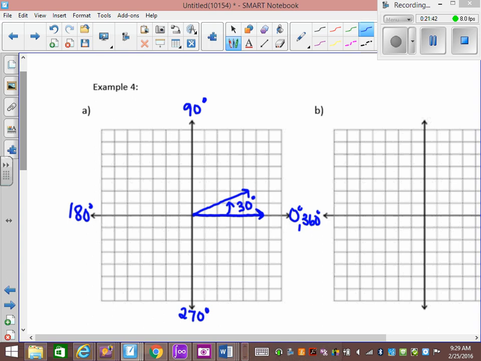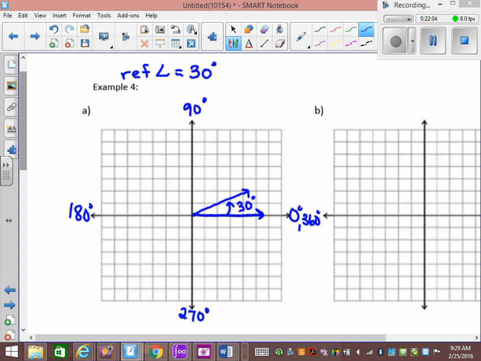So the reference angle for A equals 30 degrees, and in quadrant 1 it's always what the actual angle is.